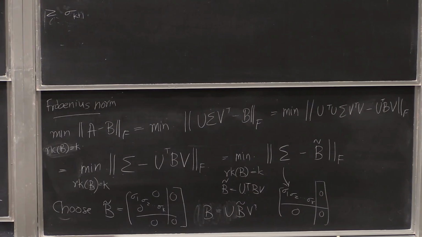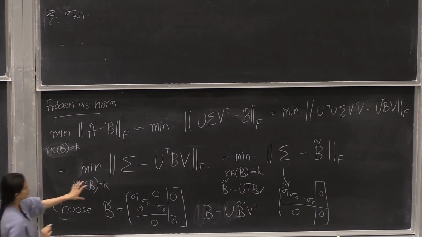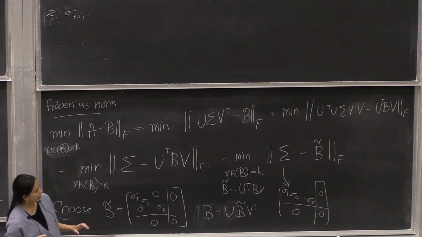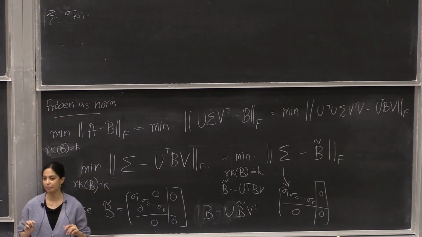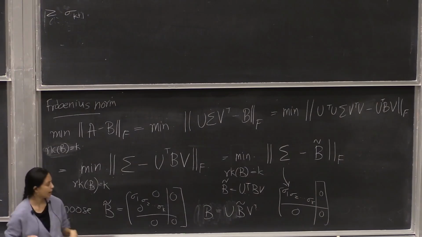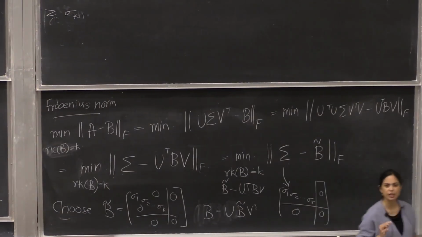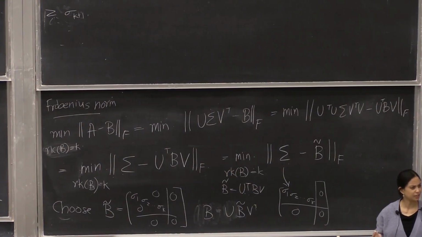Okay, so here we had this thing where you had u transpose bv, and we said, oh, let's just call that b twiddle, right? It's a harmless renaming. And then we said, oh, let's restrict our search to b twiddles that are of the diagonal form, because it makes no sense to put zeros anywhere else.